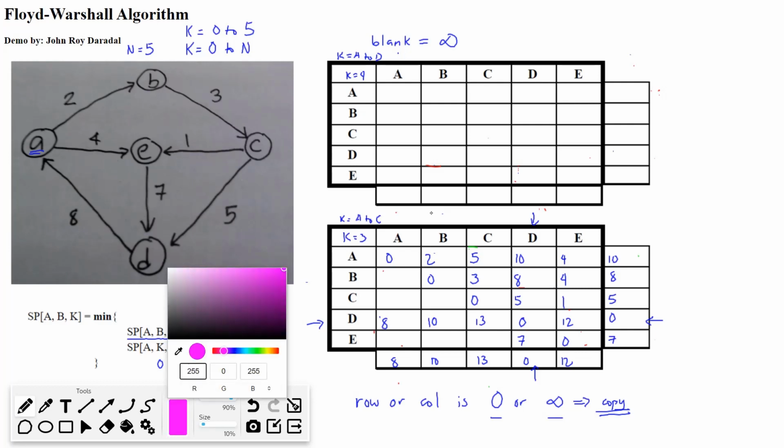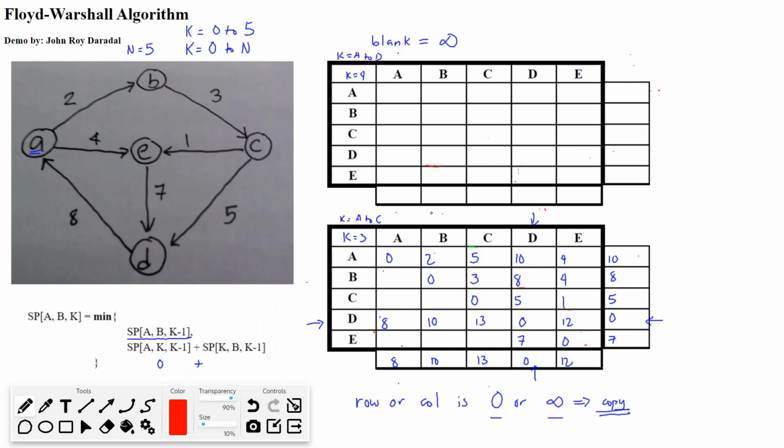So we'll just mark the ones that we need to copy. So these are the same values, right? So for this row and then for this column, same values as well. For the rest, we'll have to check. So for this one, 0 versus 10 plus 8.